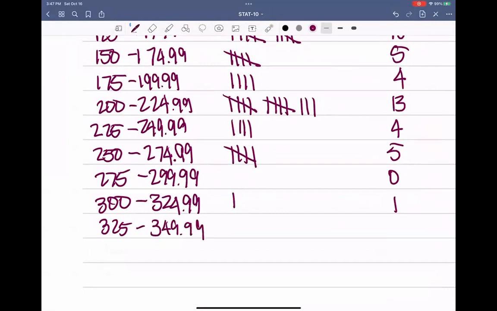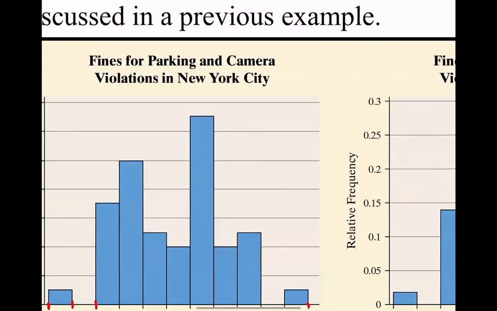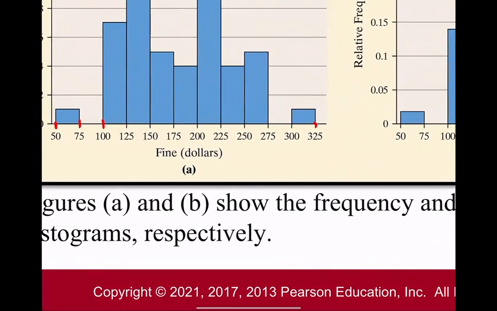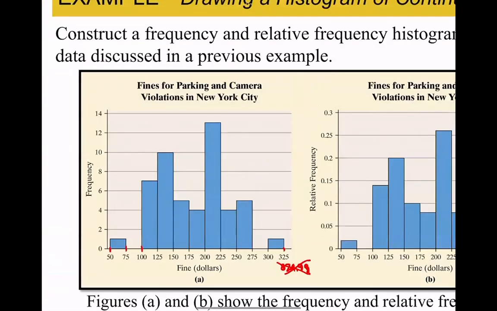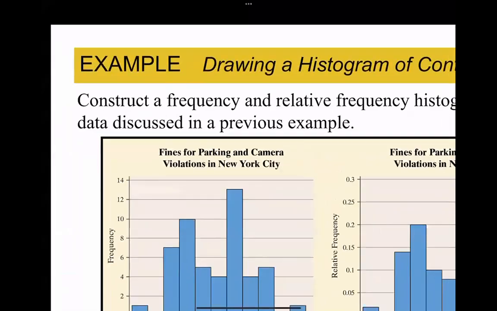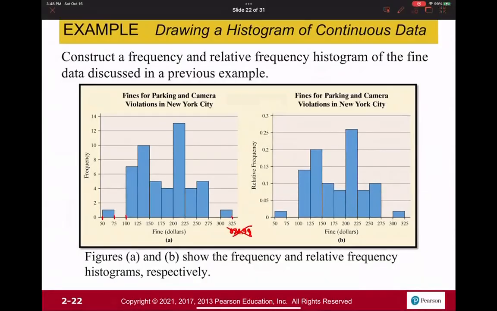So looking at that value, 325 ended up being the lower class limit of the following class. It was just a little bit easier to write that number down instead of 324.99. So writing that 325 made it flow a little bit easier. Much better. There we go.